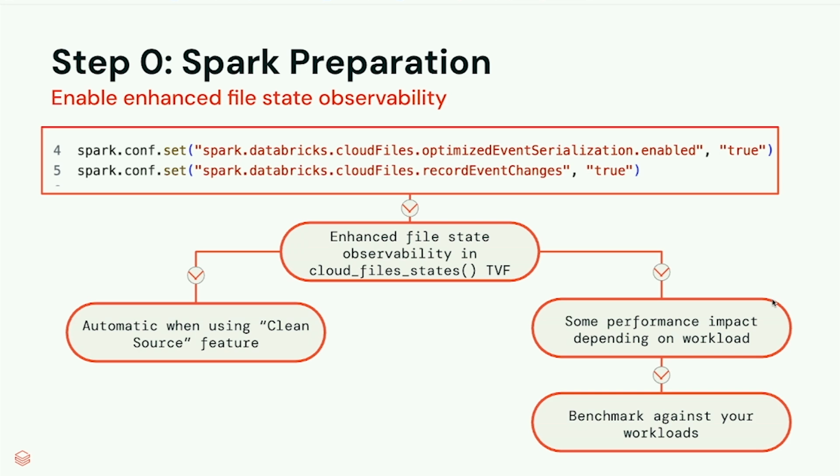It's important to note that enabling this enhanced observability does incur some performance overhead depending on the workload. So we recommend to deploy and test in a pre-production environment to make sure that it meets your observability and your performance needs. And we are working on minimizing that overhead.